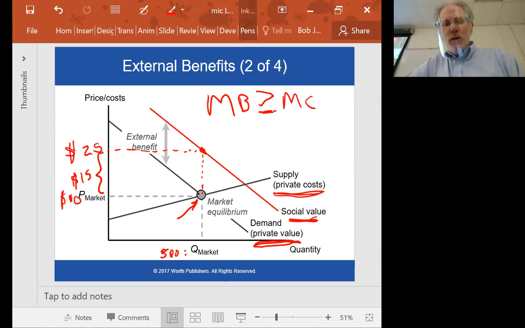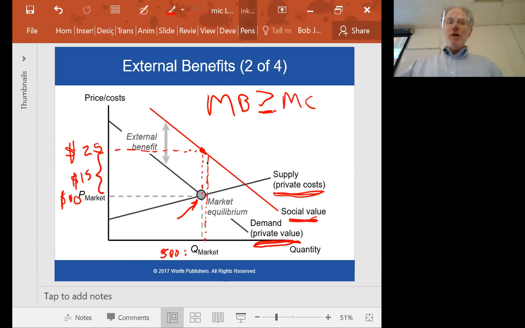So the cost of that 500th unit is $10. The benefit is $25. And more importantly, for the very next unit, the cost is going to be a little bit more than 10. The benefit is going to be a little bit less than 25.